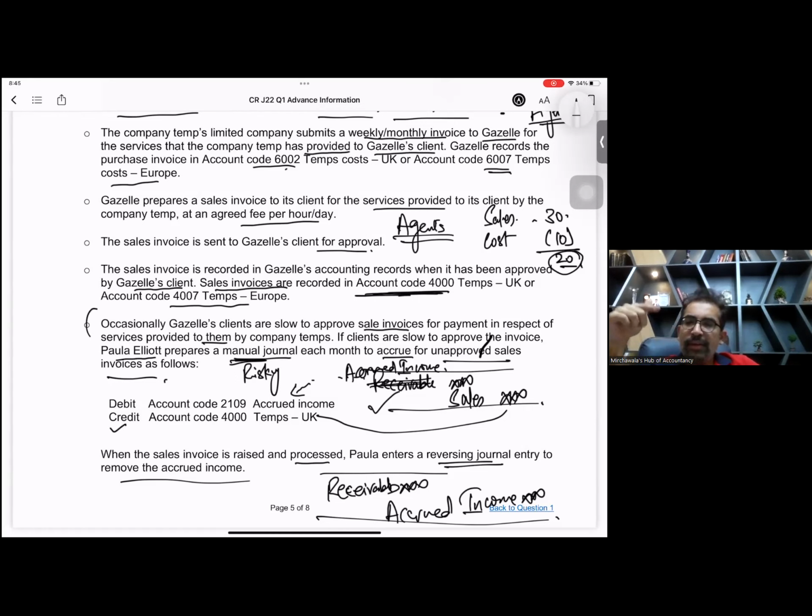One thing I can repeat here related to the first type of temps employed by Gazelle: what if there are two entities and we are the middleman? On one side we have the temp company, and on the other side we have the client. Now what if we receive a late purchase invoice from this party?